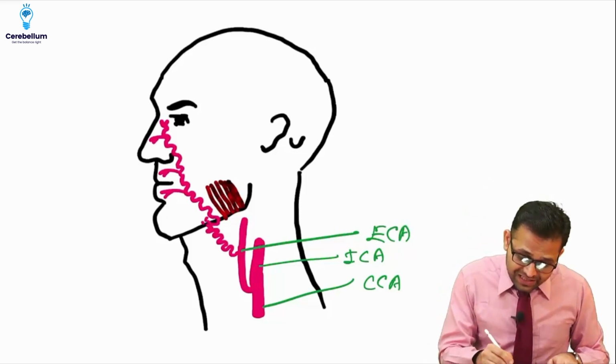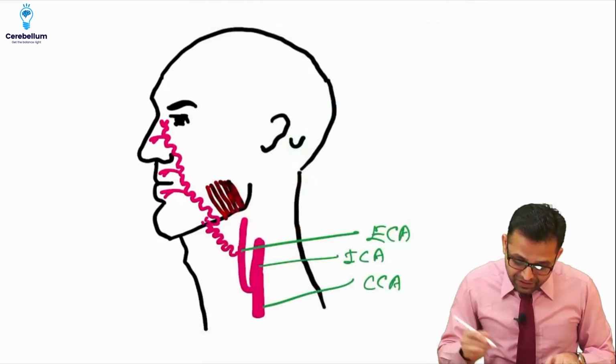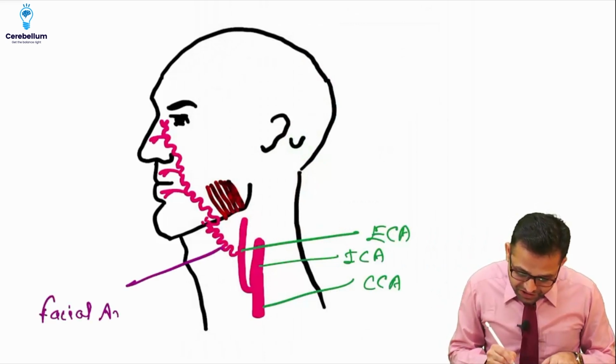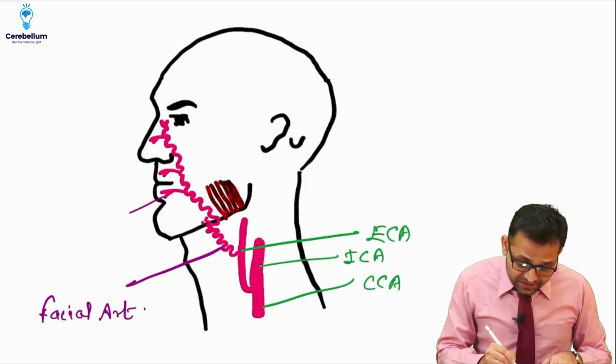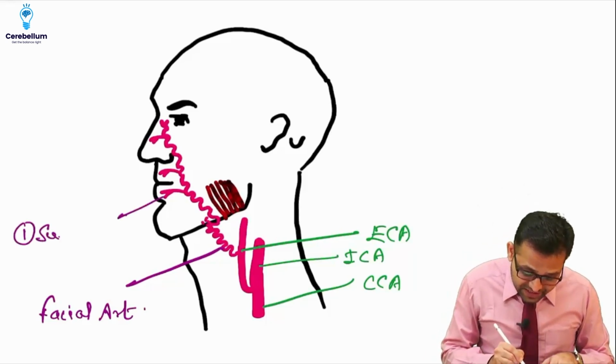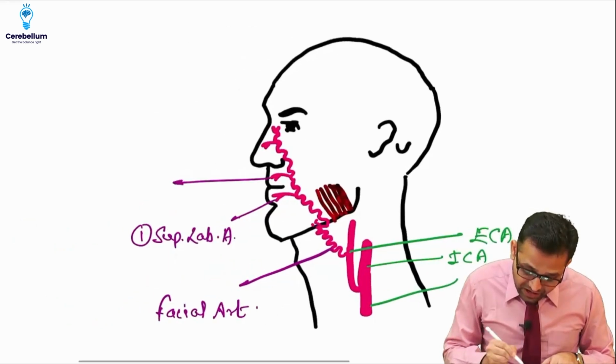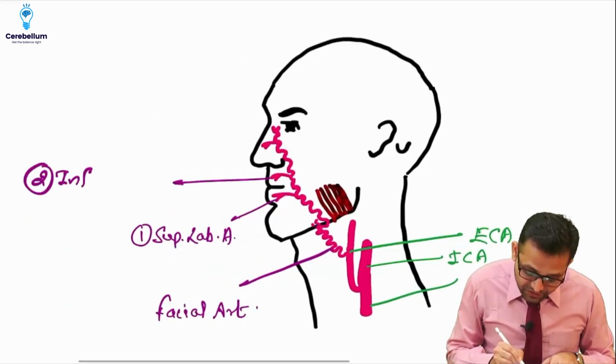So you can easily catch these points. Again, labeling for all of you. Sir, it is our facial artery which is giving the different branches. First, you can say the superior labial artery. The next artery is our inferior labial artery.